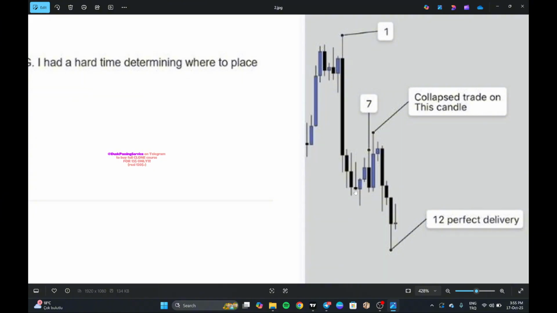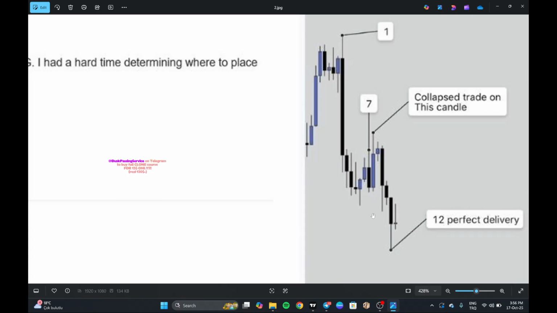So 1, 2, 3, 3 again. I don't count. 4, 5, 6, and 7. But by the way, this should be 7. But let's say you did wrong, and you counted this candle as 7. That's okay. That might happen. But your stop loss here should be based on lower time frames, I believe.